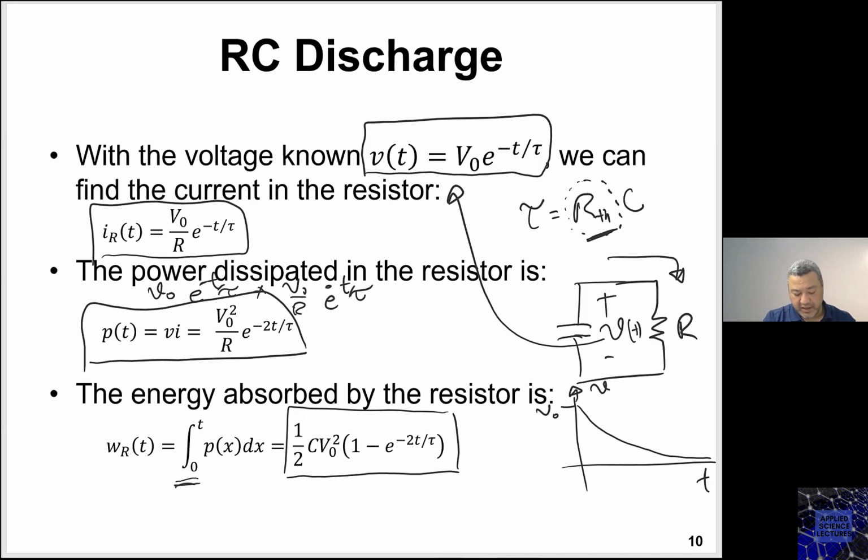This means the energy at t equals 0 is what? It is 0, right? Why? Because when t equals 0, 1 minus e to the 0 is going to be 0.